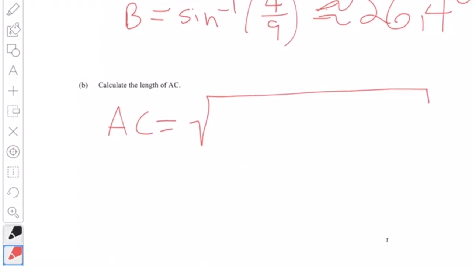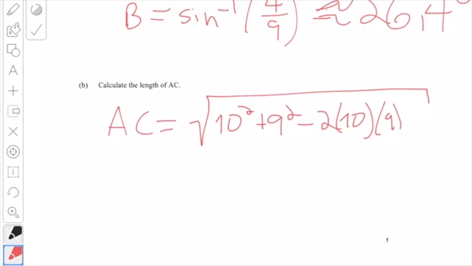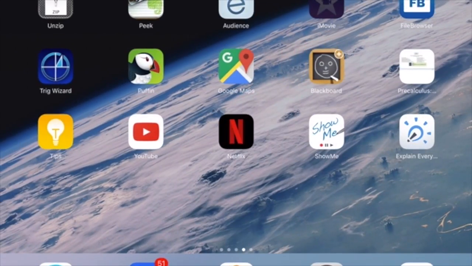So the sum of the squares. Then we do a correction factor for the angle not being a right angle, and it's minus 2BC cosine the angle 126.4. Okay. So that'll give me the length because I'm going to take the square root of that entire quantity.